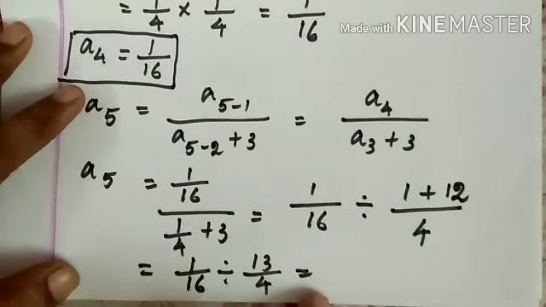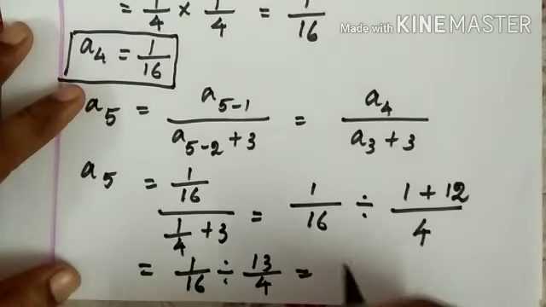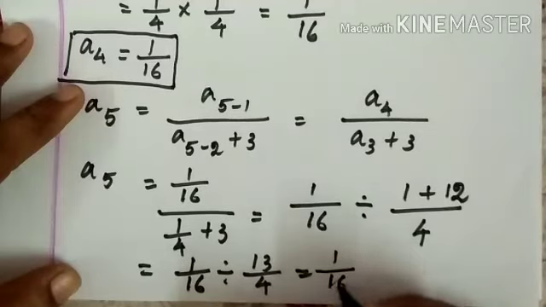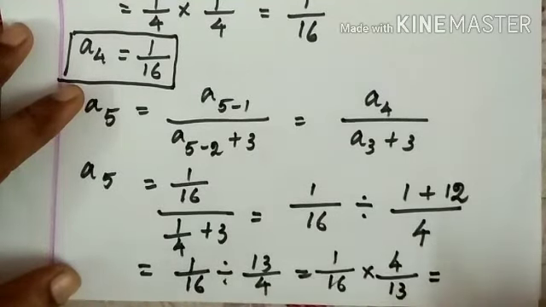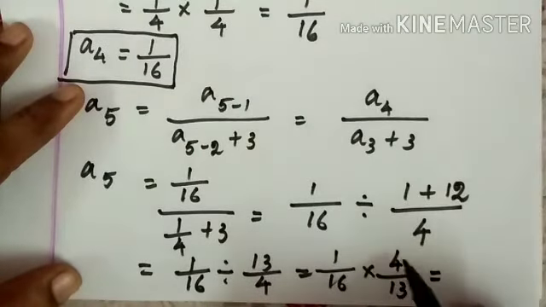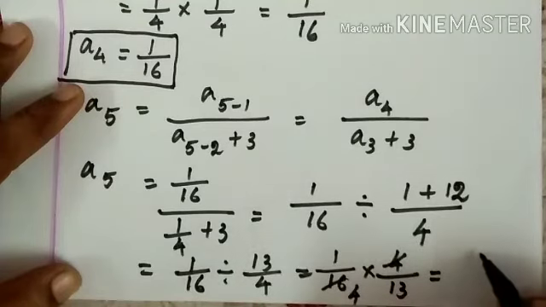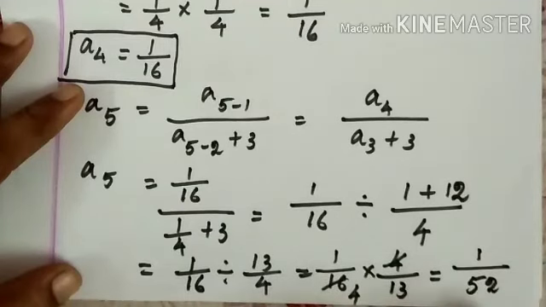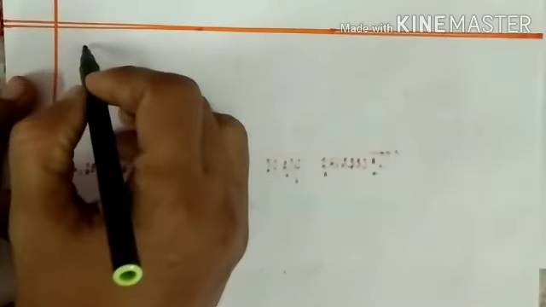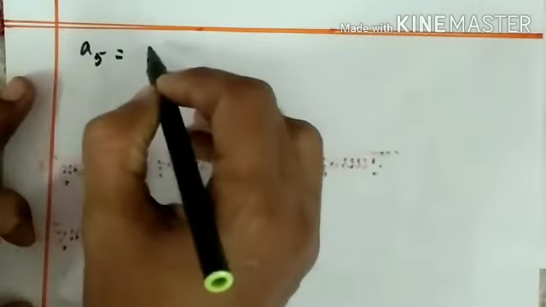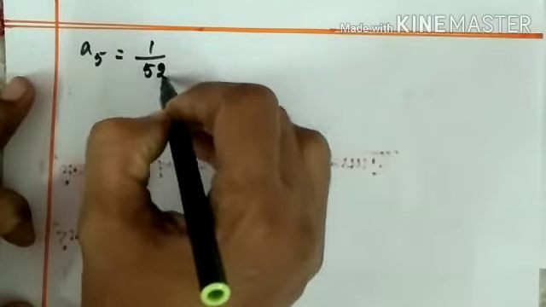Now rewrite this fraction in the multiplication form, means we get 1 by 16 into 4 by 13. Now you cancel this, means 4 1s are 4, 4 4s are 16. Then the answer is 1 by 52. Hence, A5 is equal to 1 by 52.